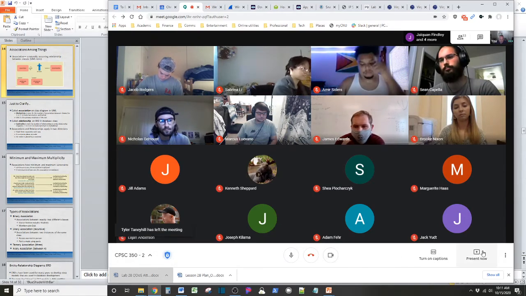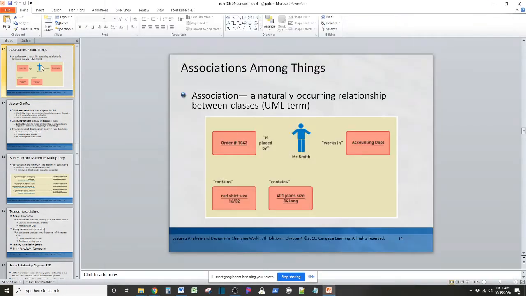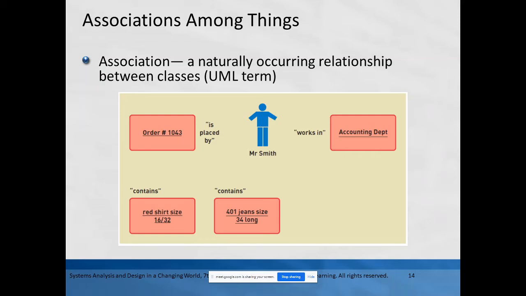All right, I'm going to present, screen share. All right. Okay, so we've talked about identifying the things and thinking about them being these broader groups called entities or classes. Now, the important part is to consider the relationships, or as the text refers to them from the domain class perspective, associations between classes or entities.